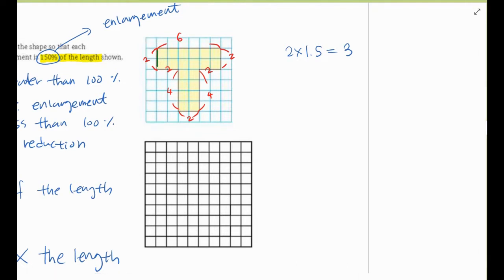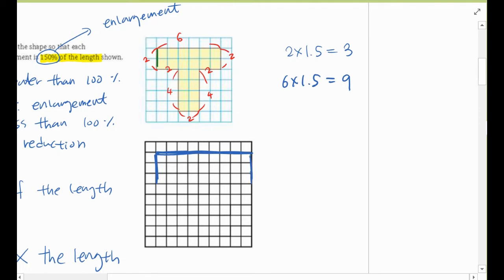So we're going to draw 3 squares. And 6 times 1.5, again using your calculator, that becomes 9. So 3, 6, 9 squares. So 6 squares becomes 9 squares. Again, 2 times 1.5 is 3.